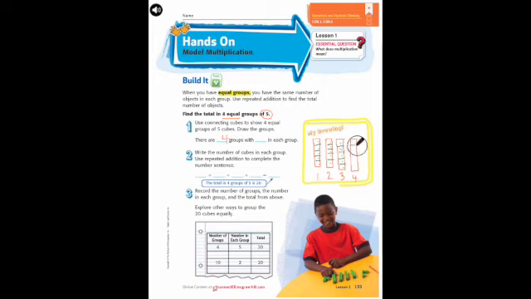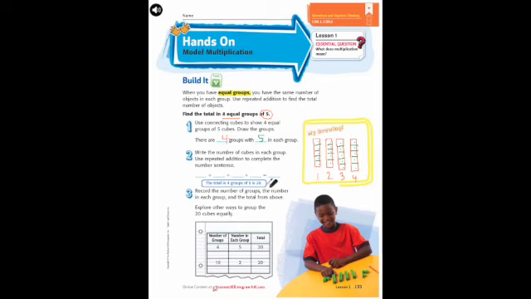And finally, 1, 2, 3, 4. Let's count them. 1, 2, 3, 4, and 5. So we know that there are 4 groups with 5 in each group.